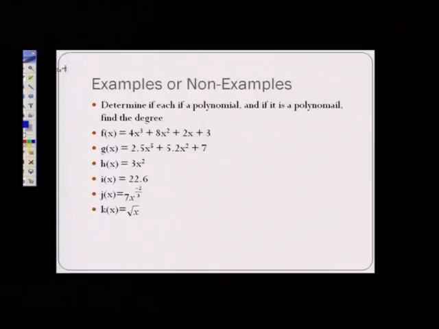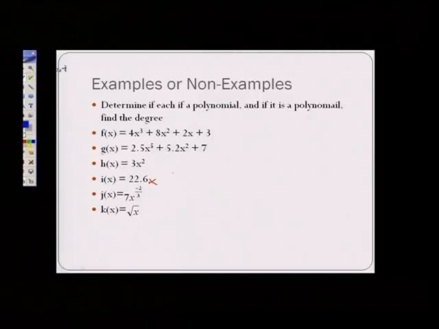Let's look at the last one though, or excuse me, I of x, 22.6. Is that in fact a polynomial? So there's no x in this one. How could I write an x in there? In other words, if I wrote an x after that, and pardon my bad handwriting, what power would I raise x to keep the value still 22.6?